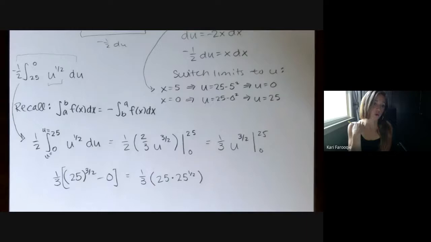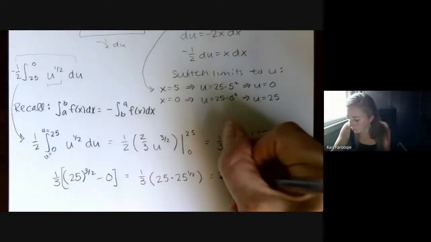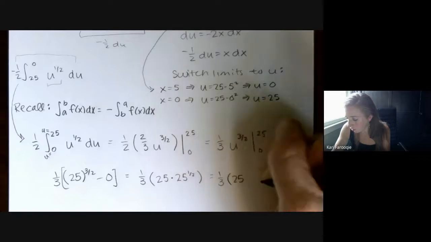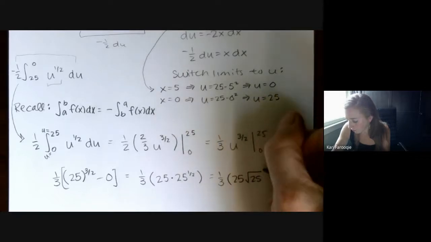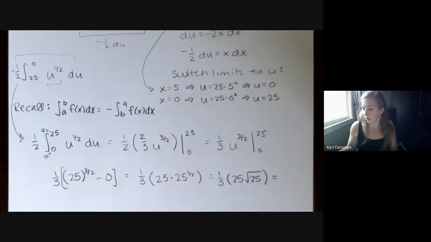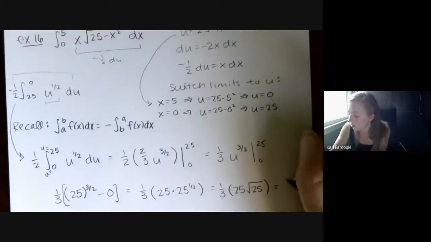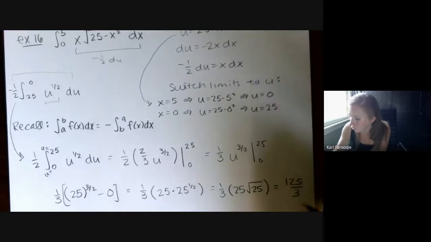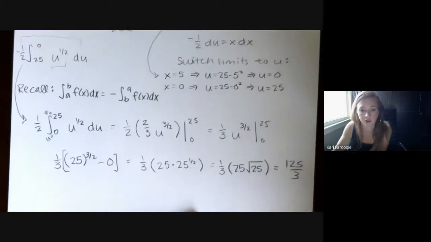And again, I'm showing more work than I would expect to see from you here, just because I want to make sure everyone sees where this comes from, just to evaluate things a little bit more quickly. So 25 times 5 is 125, and then your denominator will be 3 since you're multiplying by 1/3.